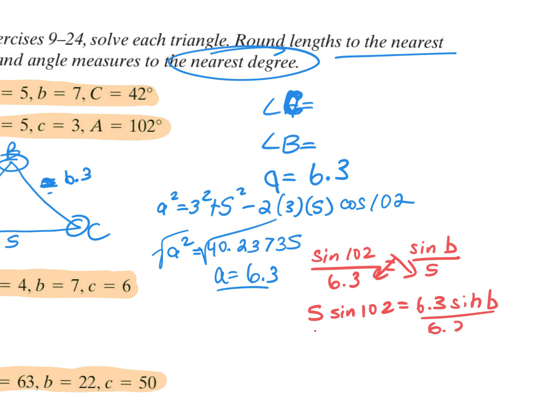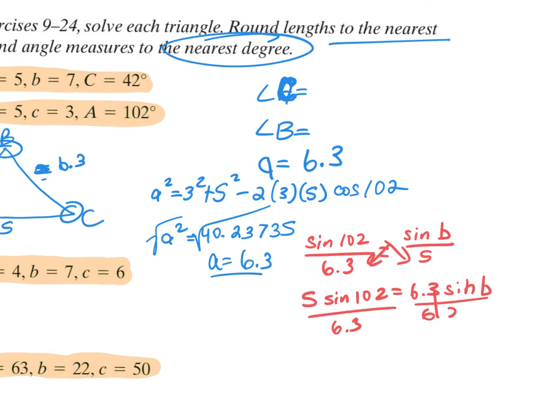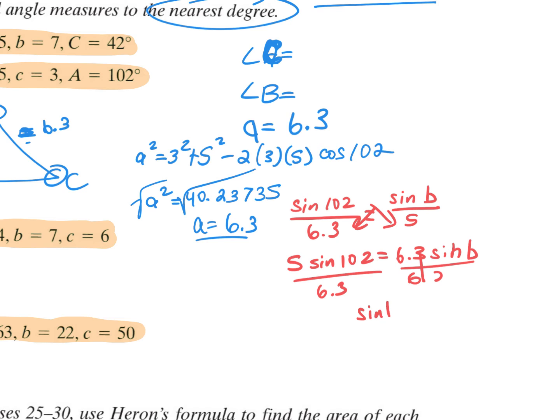Divide by 6.3. And I get that the sine of B is 5 times sine of 102 divided by 6.3. 0.7763, something like that. But is that what I want? No. I want the inverse of that.